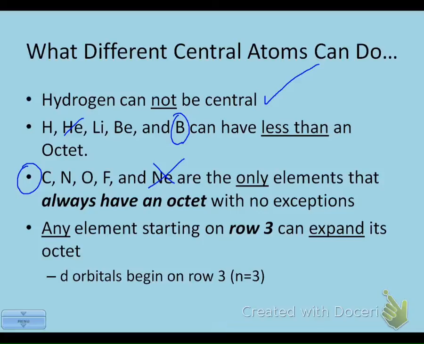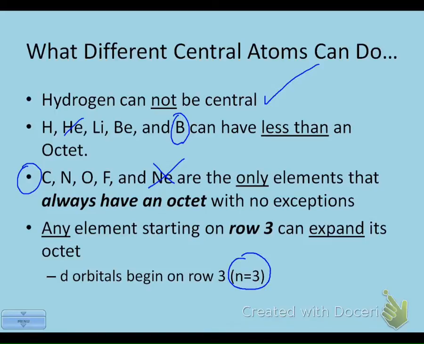Which then means that almost every other element, especially the nonmetals, beginning on row 3, can have an expanded octet. So most elements on the periodic table will be able to expand the octet. Why? Well, it goes back to our understanding of the Bohr model and the quantum mechanical model. On row 3 of the periodic table, those elements represent atoms where the electrons have begun to fill up n equals 3.